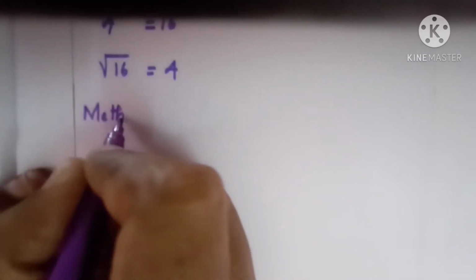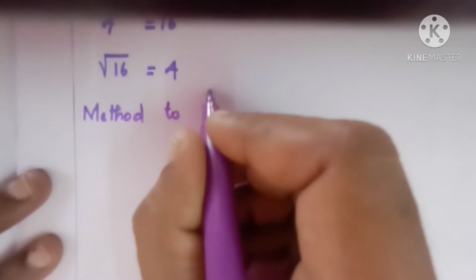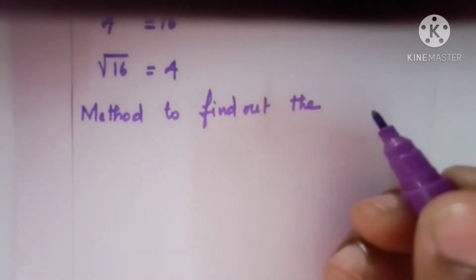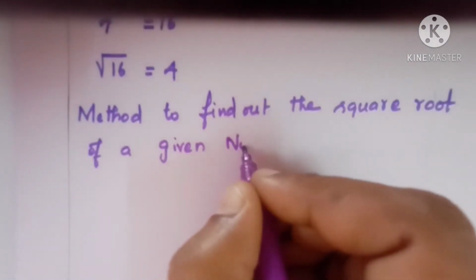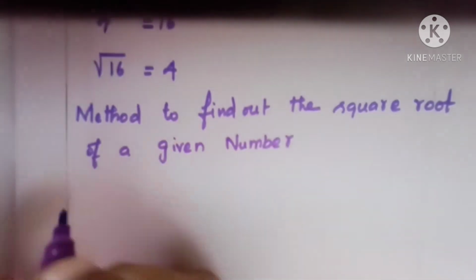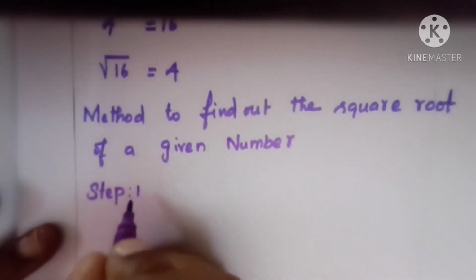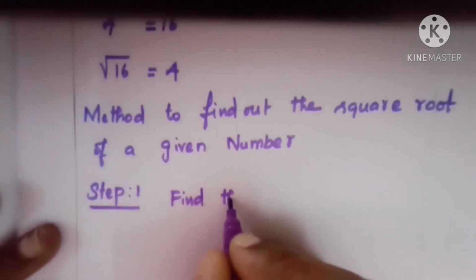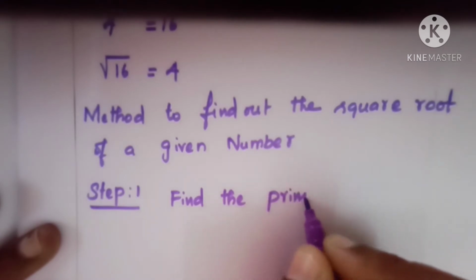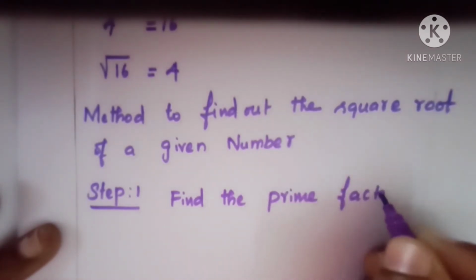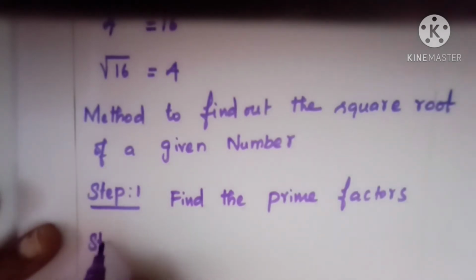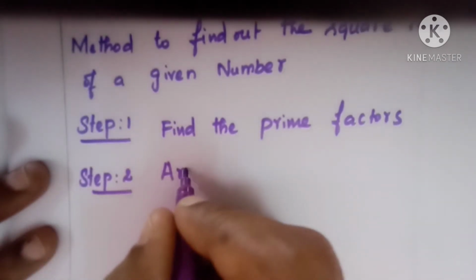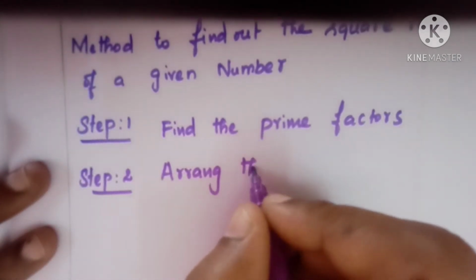Next, the method to find the square root of a given number. Step 1: First, find the prime factors of the number. Step 2: Arrange the factors into pairs.